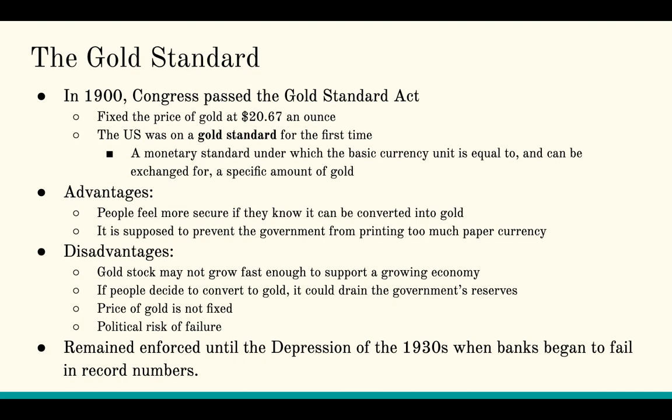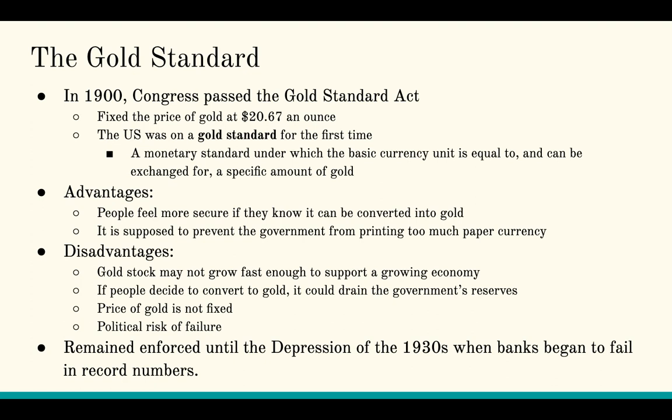All right, so by 1900, Congress passed the Gold Standard Act, fixing the price of gold at $20.67 an ounce. For the first time, the United States was on a gold standard, which is a monetary standard under which the basic currency unit is equal to and can be exchanged for a specific amount of gold.